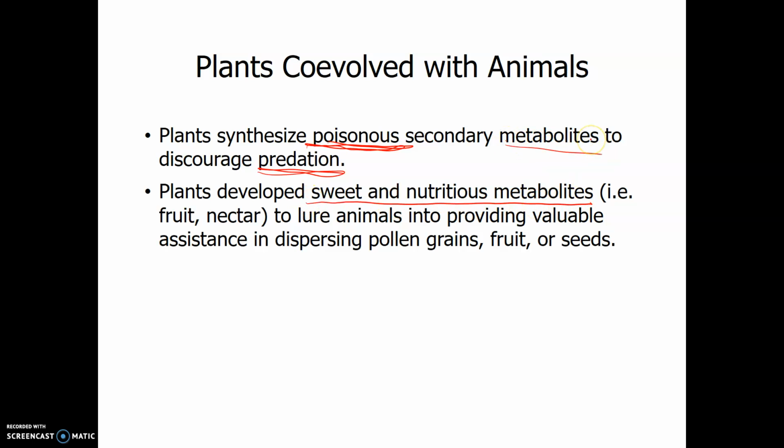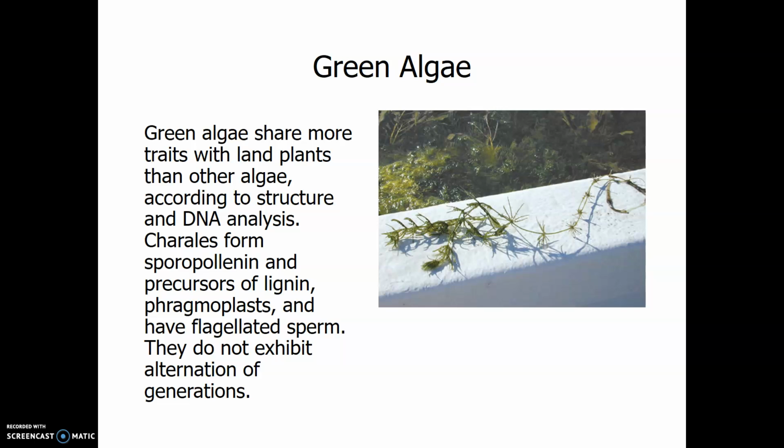Metabolite just means nutrients or chemicals. So poisonous toxins or sweet, nutritious nutrients like fruit and nectar to lure animals into helping them disperse their pollen or disperse their seeds. So we see many, many examples of this.